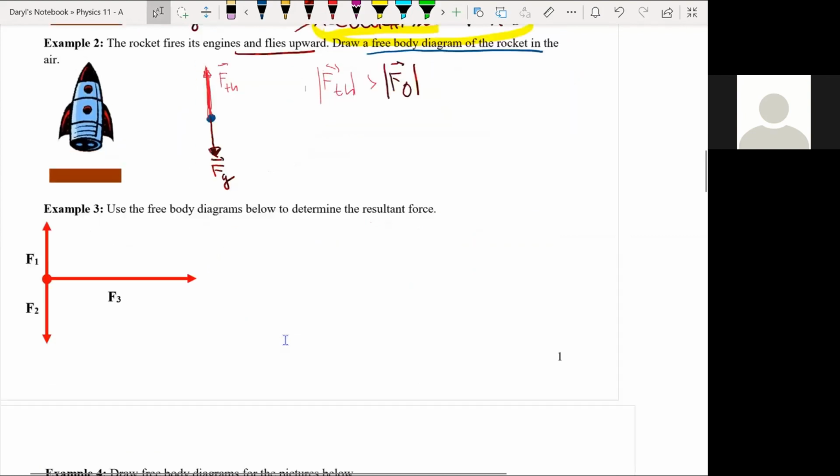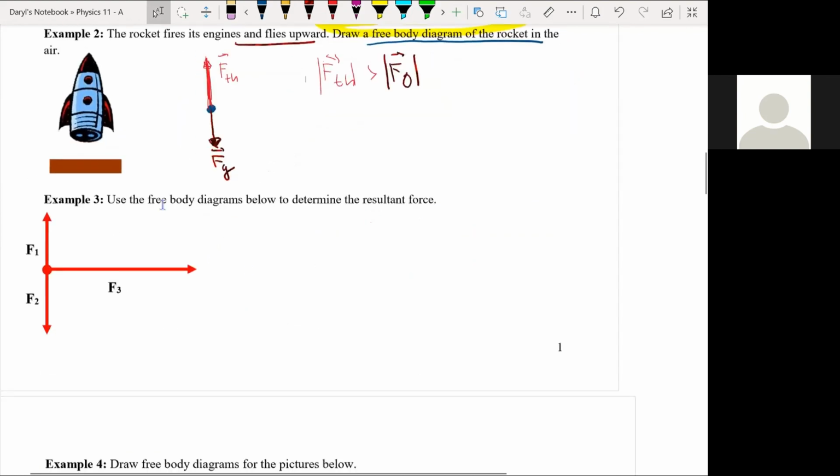So let's take example number 3. Use the free body diagram below to determine the resultant force. Let us just say the magnitudes of these two forces are equivalent. If you're going to add them, the resultant force is just taking the sum.